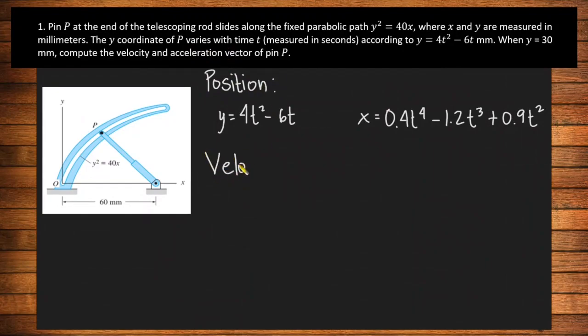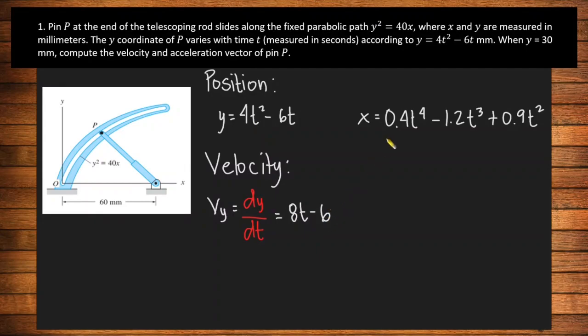So, ngayon, sa velocity vector natin, again, recall that our velocity is just equal to the first derivative of our position. So, yung y component ng velocity natin, that will be the first derivative of the y component ng position vector natin with respect to time. Okay, so derivative nito, that will be equal to 8t minus 6.